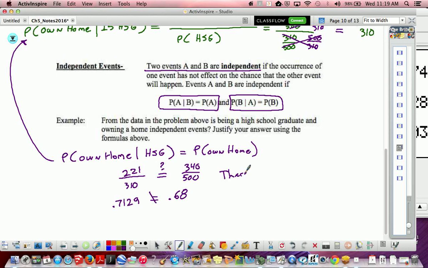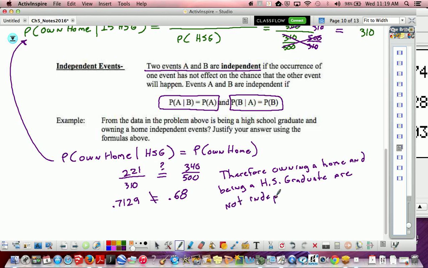Therefore, owning a home and being a high school graduate are not independent events.